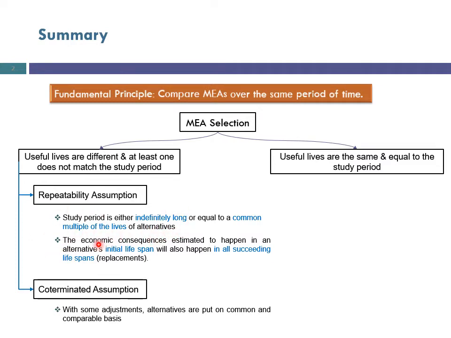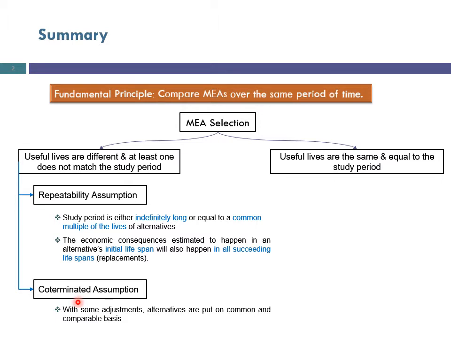And the economic consequences of the projects should repeat themselves. When the project life is over, you can repeat exactly the same project cash flows, the same economic consequences. So these are the necessary conditions to apply the repeatability assumption. And in many cases, you will not be able to satisfy these conditions.